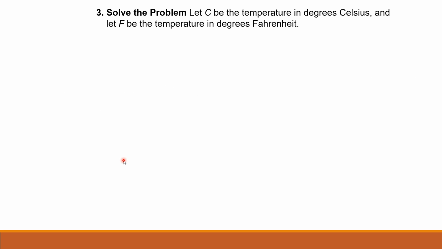Okay, so let's solve the problem, keeping in mind that C is Celsius and F is the temperature in Fahrenheit. So we have our inequality: 0 degrees is less than or equal to Celsius, which is C, which is less than or equal to 35. So these are the temperatures in terms of Celsius.